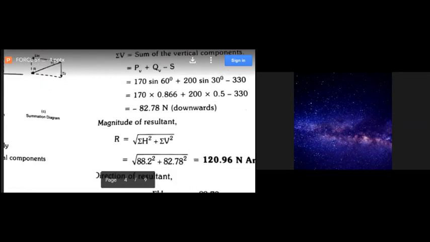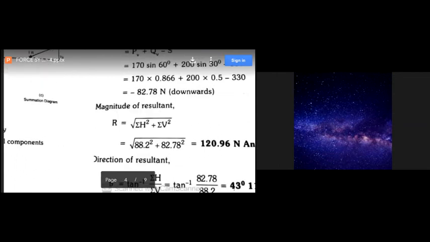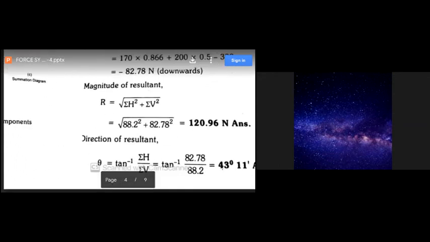So what is the magnitude of the resultant? R equal to under root sigma H square plus sigma V square. So that is under root 88.2 whole square plus 82.78 whole square. After simplifying, we will get 120.98 newtons, so the resultant R equal to 120.98.